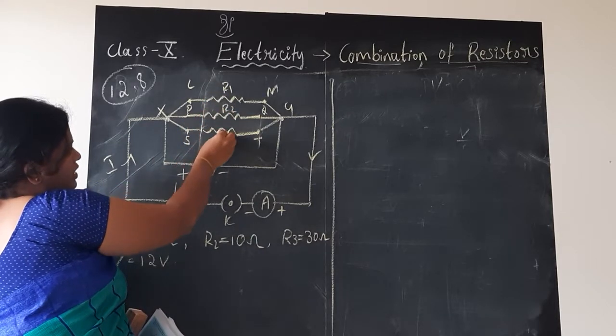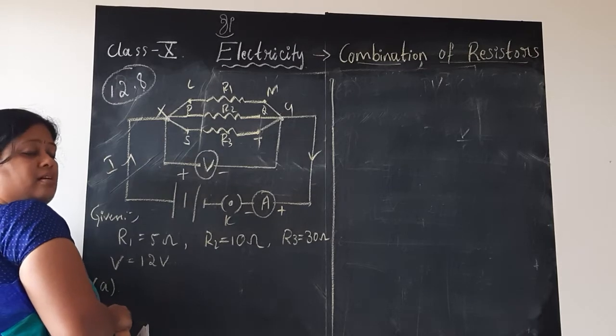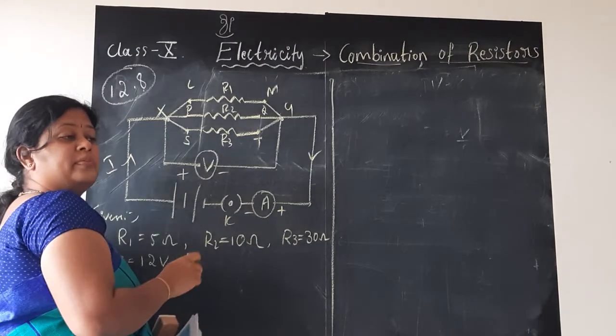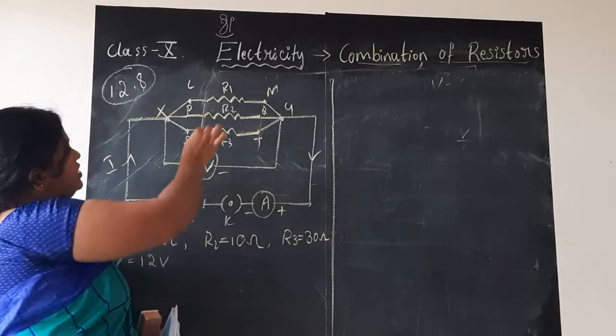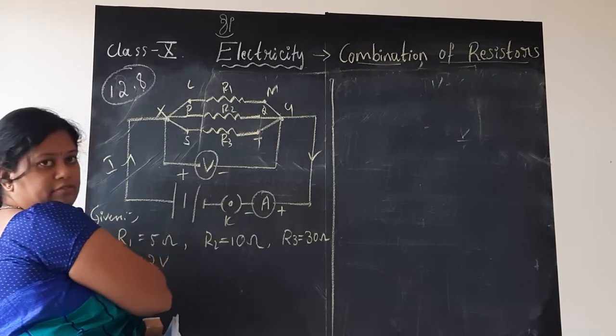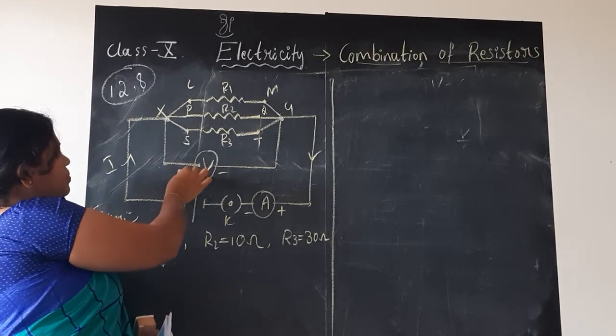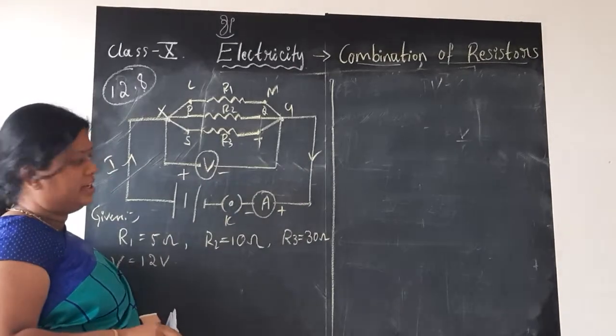So, the voltmeter is connected in parallel across these three resistors. If you are writing the polarity for the voltmeter, children, positive goes across the positive, negative across the negative. Don't change that.